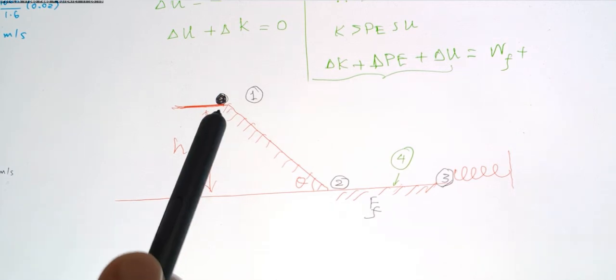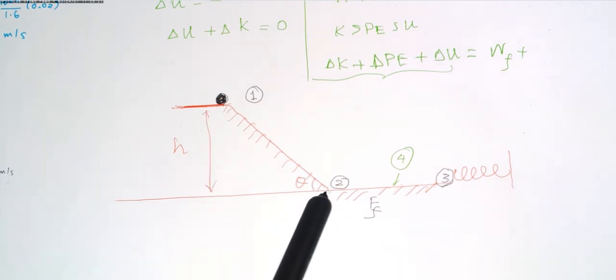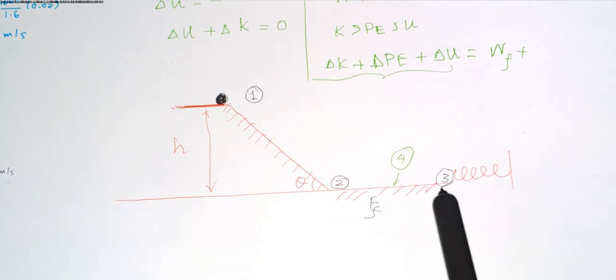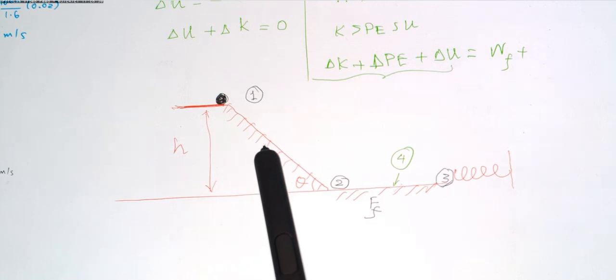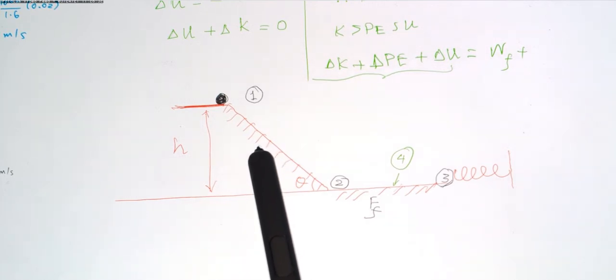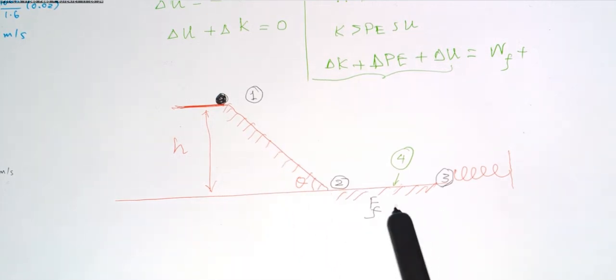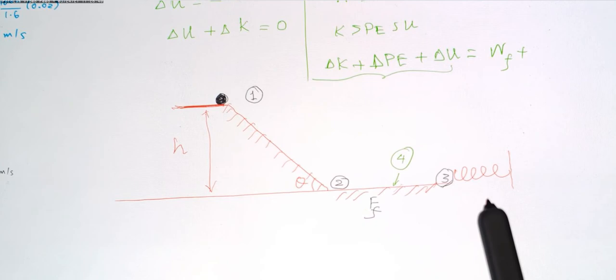And pay attention, on the inclined plane the friction is different than on the surface. Here it's mg cosine theta multiplied by the coefficient of friction. Here it's mg multiplied by the coefficient of friction, because of the normal force. Finally, I can ask you how much the spring is compressed.